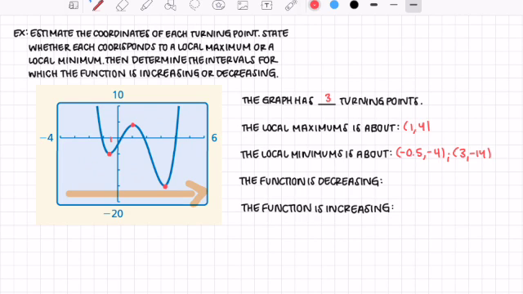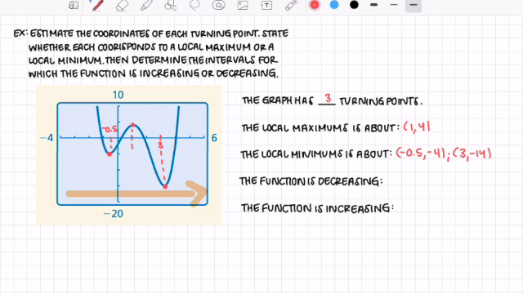This was considered negative 0.5. I said that this point right here was about 1, and this point right here was around 3. And those were my maximum and minimum values.